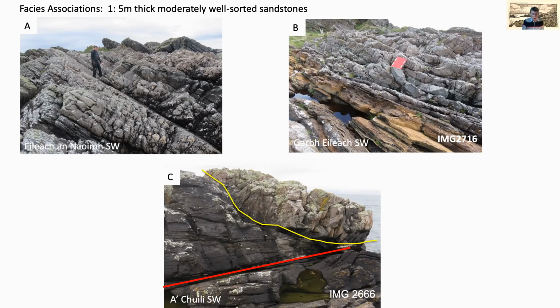It's certainly much better sorted than you would expect from proximal glacial debris. And possibly this is the extrabasinal material which comes to dominate the basin much later, or much higher in the section, we don't know how much later, of course, in the Jura quartzite.